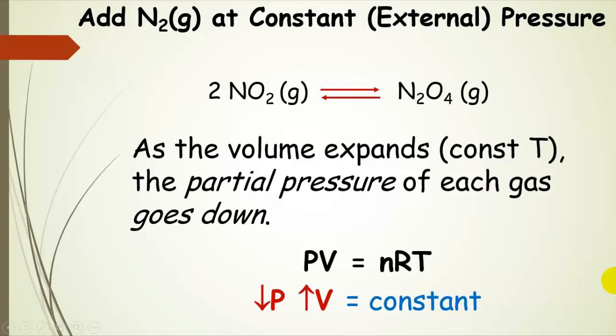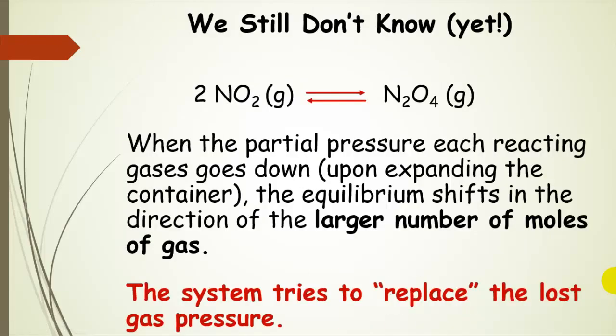So now what happens? When the partial pressure of each reacting gas goes down, the equilibrium is going to try to make up for that. It's going to shift in the direction of the larger number of moles of gas. Now the system is trying to replace that lost gas pressure.